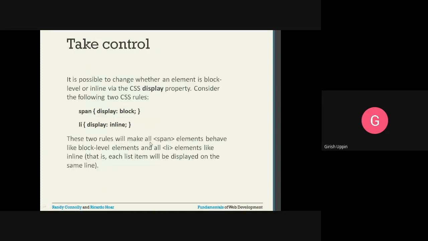Now, is there any possibility of changing the default property of the block level or the inline level elements? Yes, we can do that. It is possible to change whether an element is block level or inline using the CSS display property.